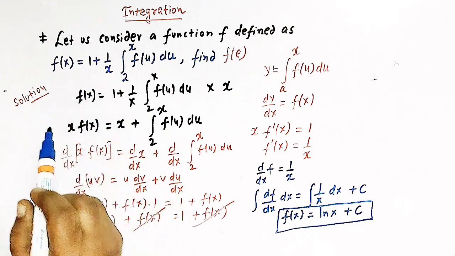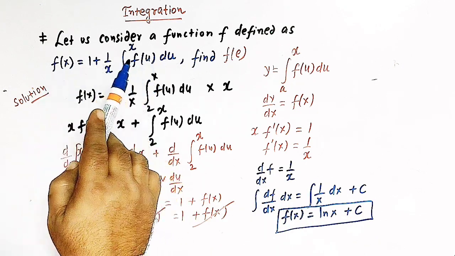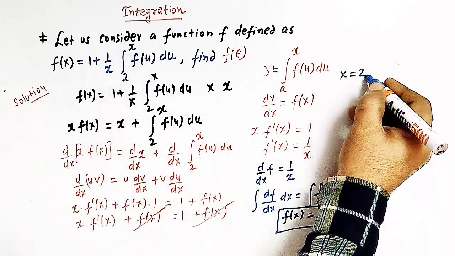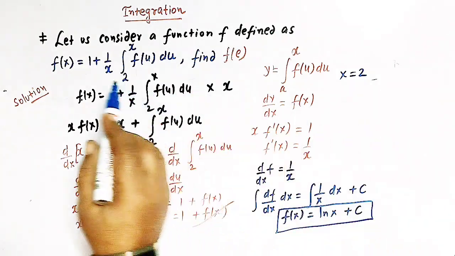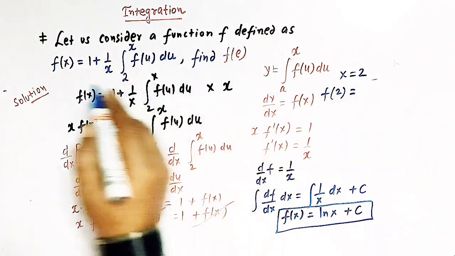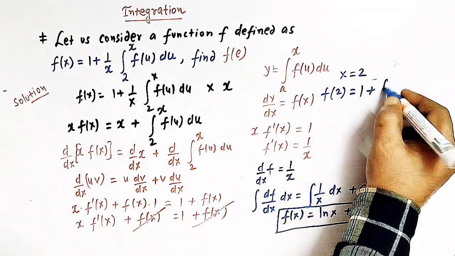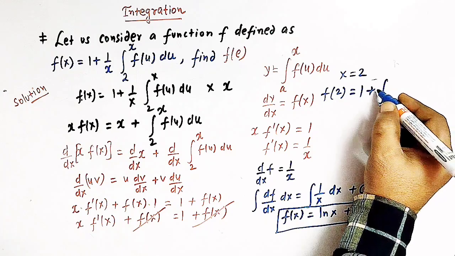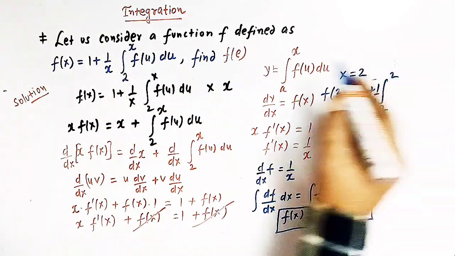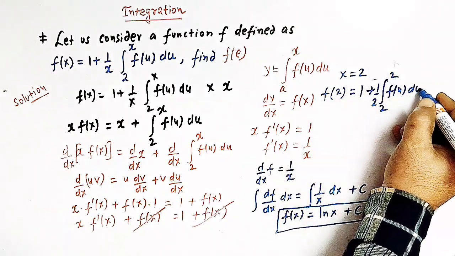So here to get the condition, we'll here substitute x is equal to 2, right? So taking x is equal to 2 in the given equation, we can see that we have f of 2. Here we have x is equal to 2, then here we have 1, and here we have 2, here we have 1 over 2, and then 2 to 2 because x is 2, and here we have f of u du.